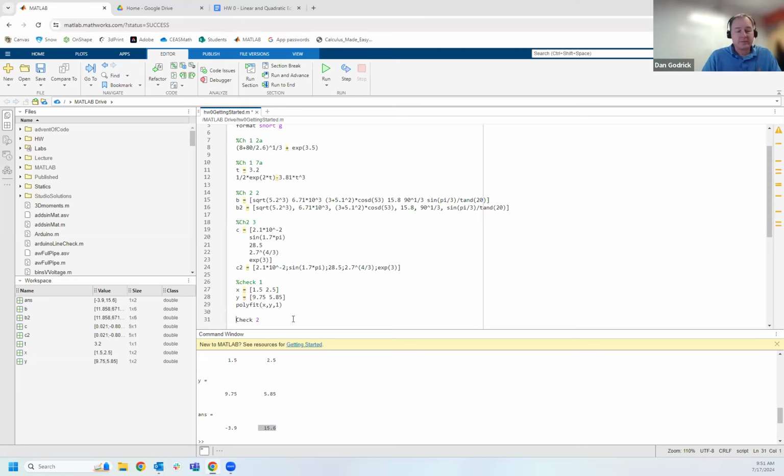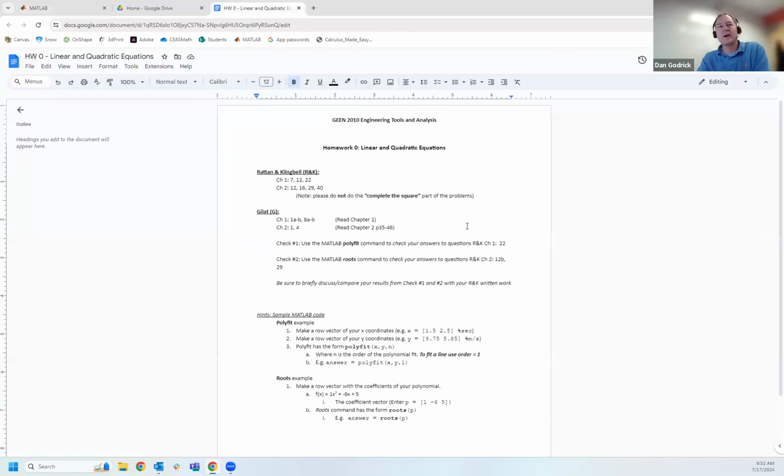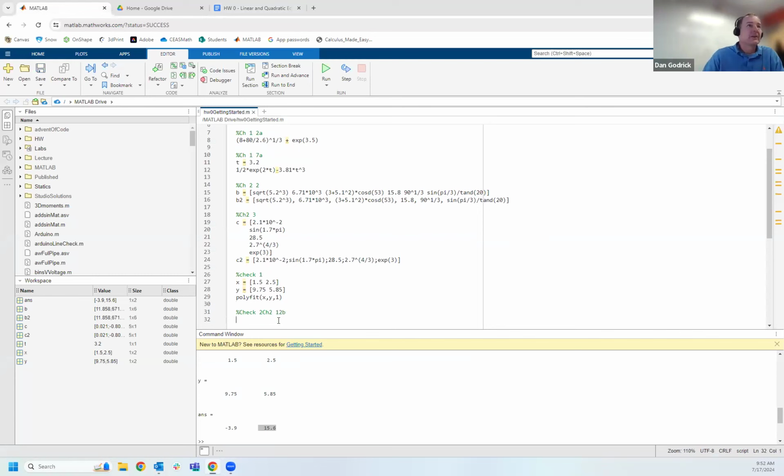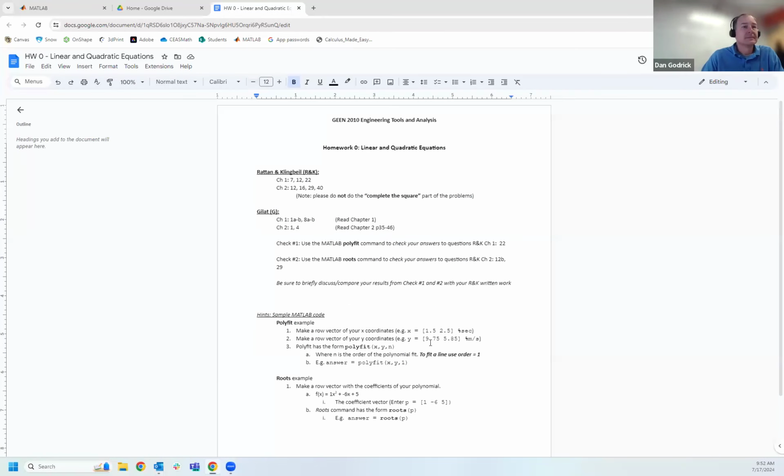Check 2 is really straightforward, but maybe tricky for you if you haven't done it before. We need to check our answers to R&K Chapter 2, 12b. So again, let's go through our roots example.